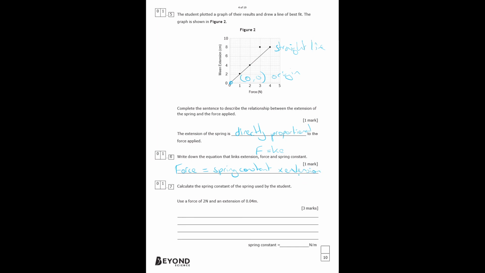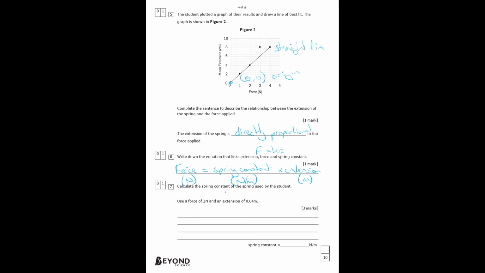So extension is how much longer the spring is, typically quoted in meters. The force in newtons is the weight pulling down on the spring, for example, and the spring constant in newtons per meter is a measure of how stiff the spring is. Some springs are easy to squash and stretch, some are more difficult to squash and stretch. That's what the spring constant tells us.